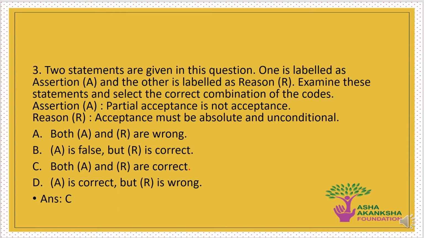The options are A, both assertion and reason are wrong. B, assertion is false, but reason is correct. C, both assertion and reason are correct. Or D, assertion is correct, but reason is wrong. The correct answer to this question is option C, that is, both assertion and reason are correct.